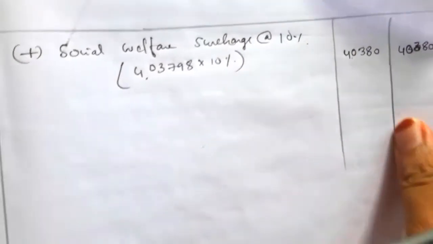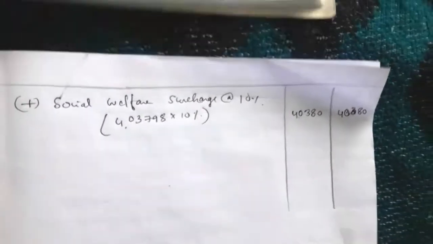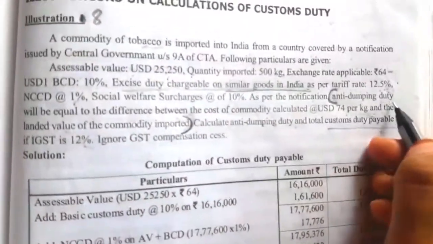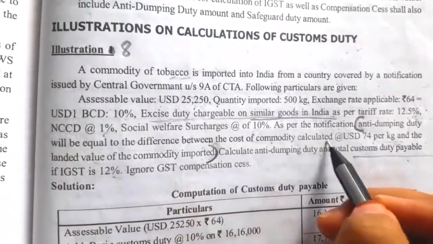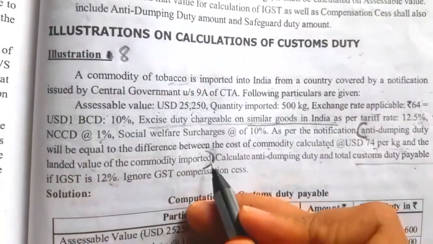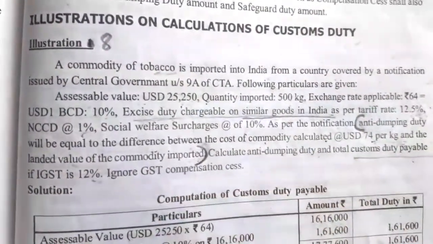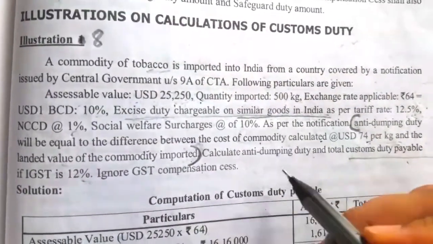So next we have to take up the anti-dumping duty or safeguard duty. In this illustration we can't calculate anti-dumping duty yet. Anti-dumping duty will be equal to the difference between the cost of commodity calculated and the landed value of commodity imported. The landed value of commodity imported is nothing but the final answer. So we have to take the difference between these values.